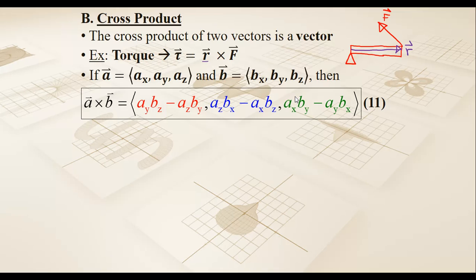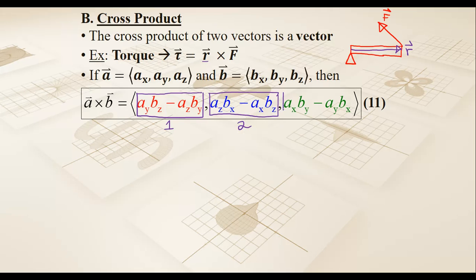Now, the first value of the ordered triple would be equal to: take AY, multiply by BZ, and subtract AZ times BY. That evaluated expression would give you the first value in the ordered triple. Then, if you take AZ, multiply by BX, and subtract AX multiplied by BZ, that would give you the second value in the ordered triple.